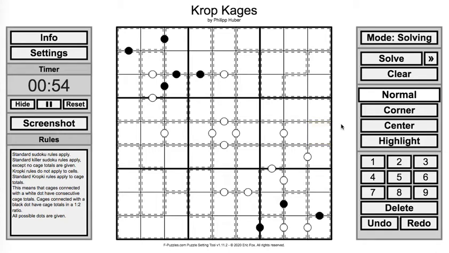So what is this puzzle about? The idea behind it all is something I have found tricky to implement in normal Kropke Sudoku, so that's the reason I went for the cage Kropke variant.